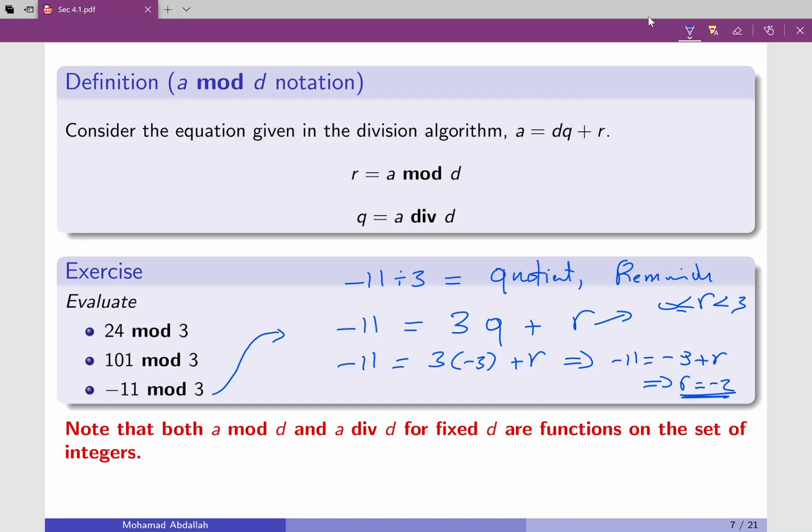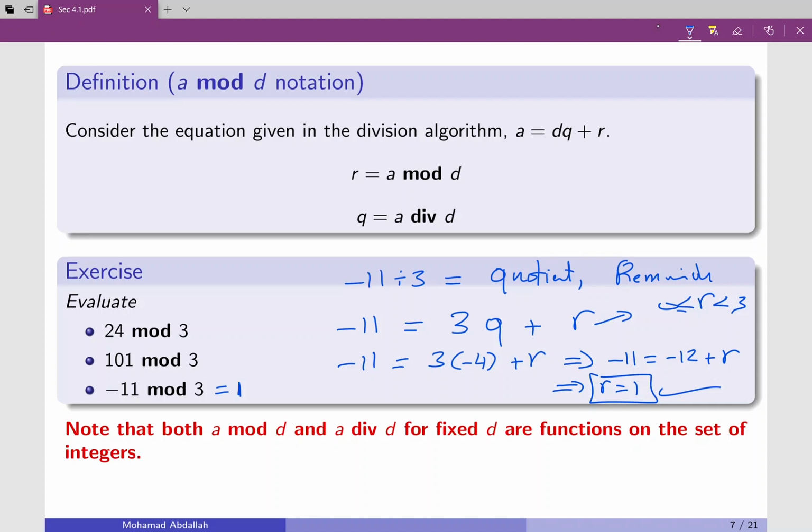Instead of minus 3 here, I put minus 4 and things will work out. So that's 3 multiplied by minus 4 plus r. That means minus 11 equals negative 12 plus r, so r is equal to 1. So negative 11 modulo 3 is equal to 1. Remember that the answer has to be positive here, and it has to be between 0 and 3, without 3 in this case.